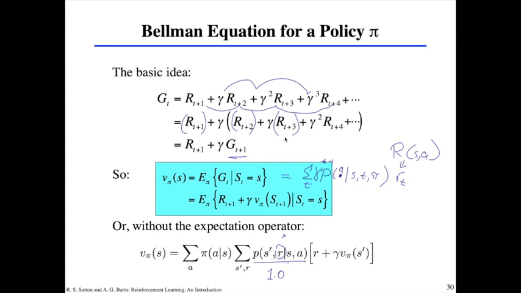The probability of getting these rewards depends on, first, you choosing a from pi of s, right? So if you're in your state s, you sample some action a, and then you get a certain reward.